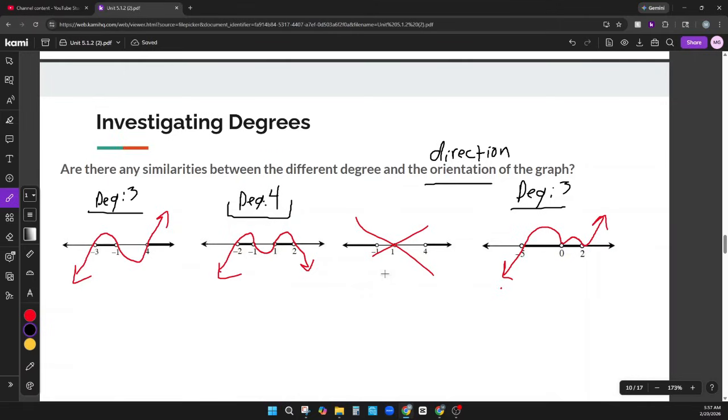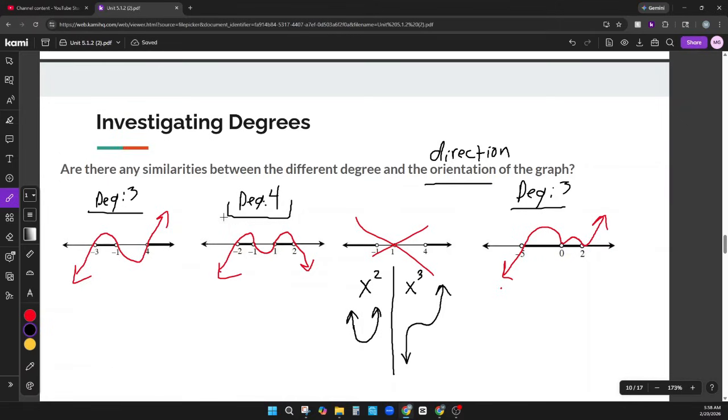I'm actually going to throw in another example. So if we've already made some conclusion, let's see if that conclusion matches what I'm going to put here. But let's go back to our basic examples of x squared and x to the third. X squared gives us a parabola, and x to the third gives us this sort of shape.